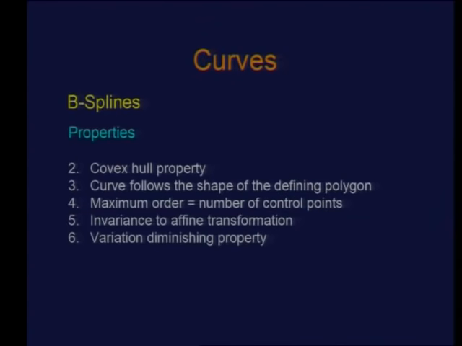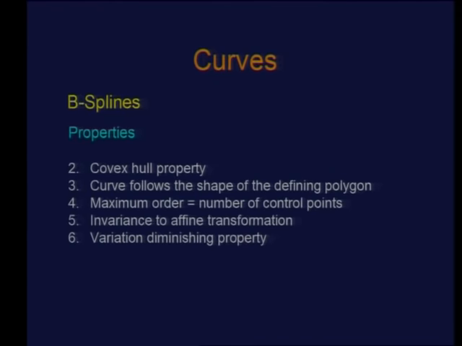Okay, so, the properties which we observe, number one which is missing here is actually the partition of unity, right. So, the summation of the N_i,k's equals 1, right, and all these N_i,k's are non-negative, right.